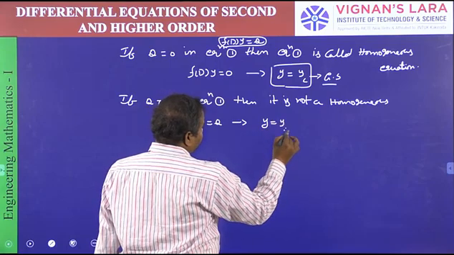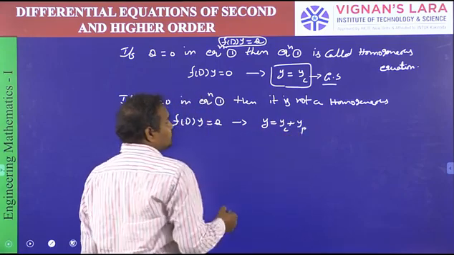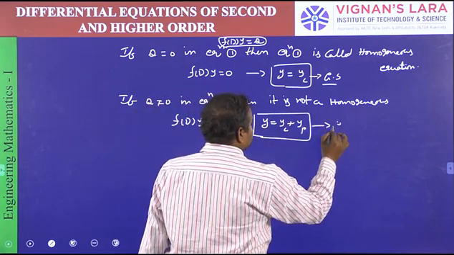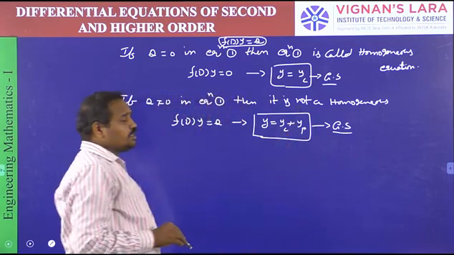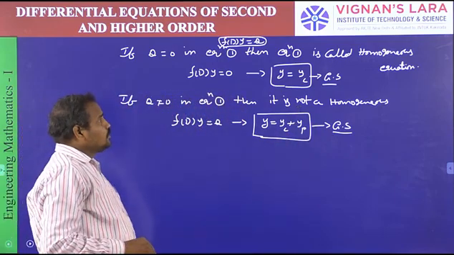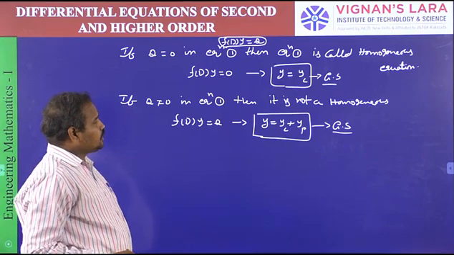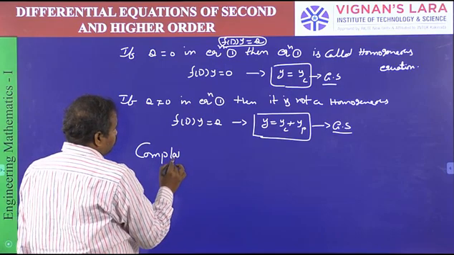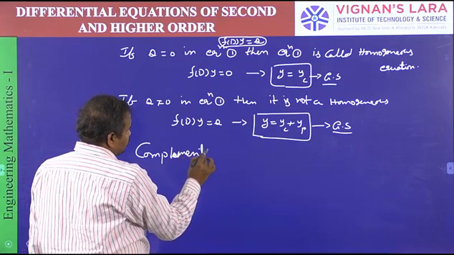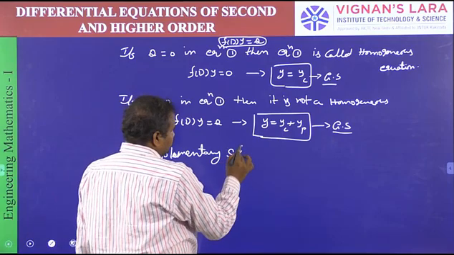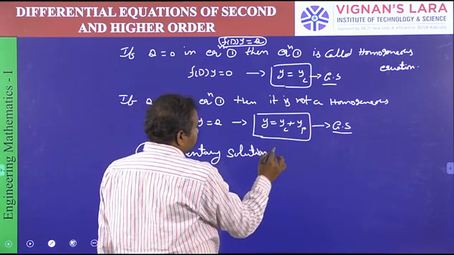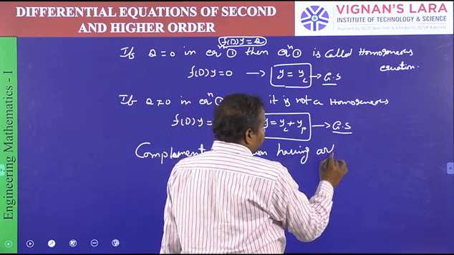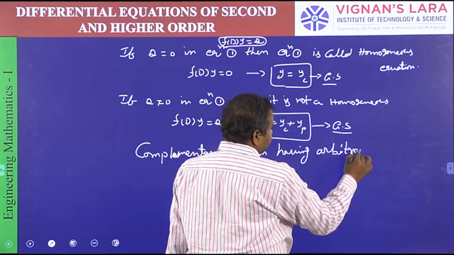So in this case, equation 1 is F of D into y is equal to Q. Here we have to calculate two solutions: one is the complementary solution, another is the particular solution. Together they become the general solution of the given equation. The complementary solution has arbitrary constants.